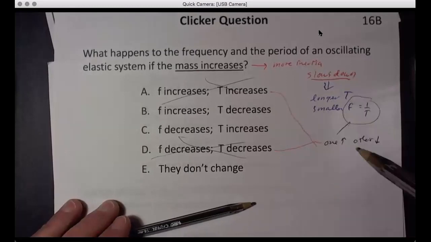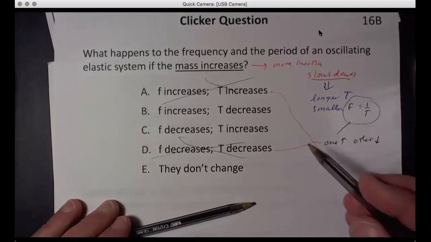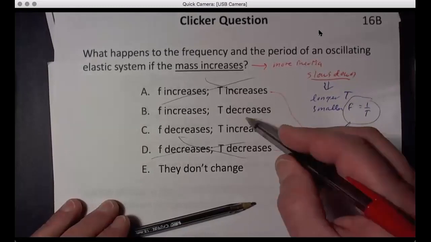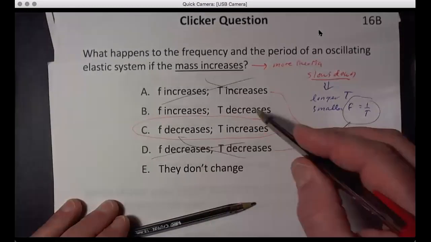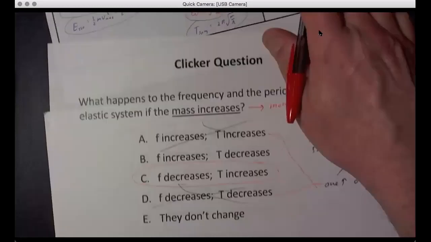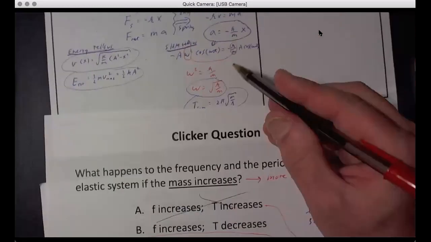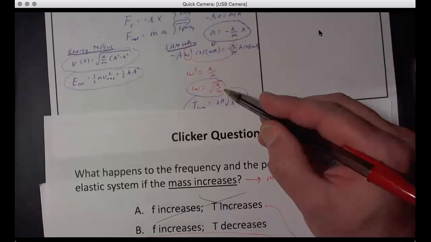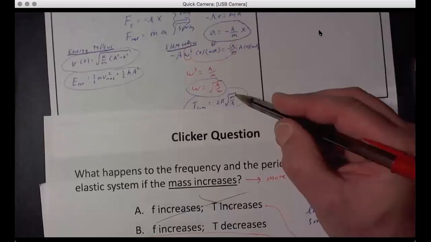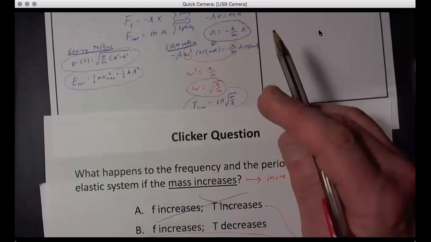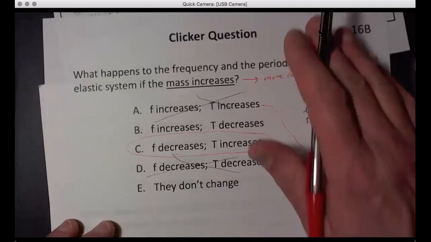And so our answer had better be that the frequency decreases and the T increases right here. More mass, frequency goes down. And if you look back at our table here, the mass is on the bottom, that gets bigger, that gets smaller, f gets smaller. If the mass is on the top here, that makes our period increase.